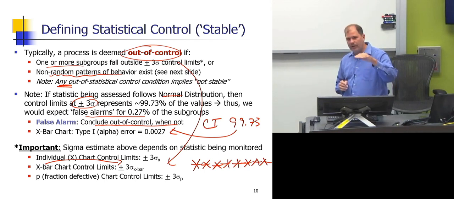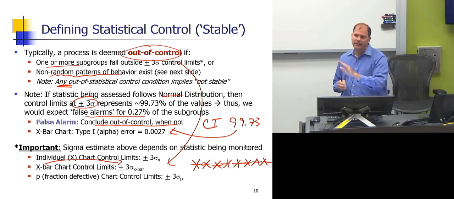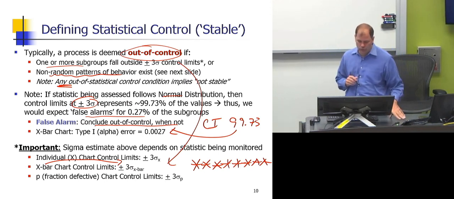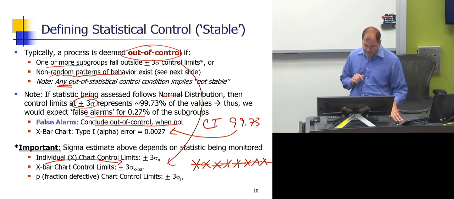The alpha value based on different charts will move around a little bit, but it's going to be low in almost all cases. We're not going to require you to know that, but I want you to understand that, particularly in an X bar chart, my alpha value is typically lower than I might have if it was just a hypothesis test. I want to make sure that I really am out of control when I claim that.